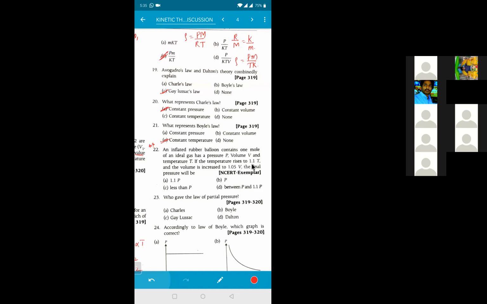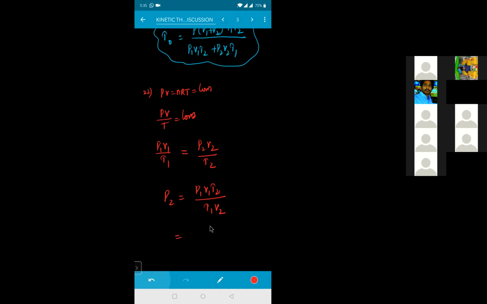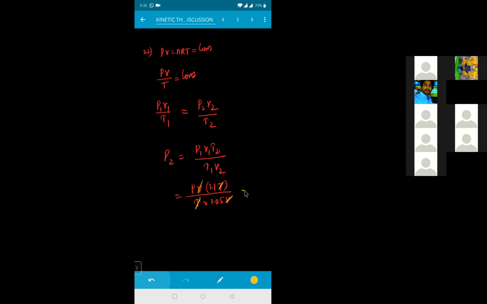The temperature rises to 1.1 and the volume increases to 1.05, so T2 is 1.1 times T. P1 is P, V1 is V. So this is 1.1 times capital T divided by T1, which is capital T, into V2, which is 1.05 times V. The volume and temperature get cancelled, so this comes out approximately as 1.1 into P divided by 1.05. So this is your P2.